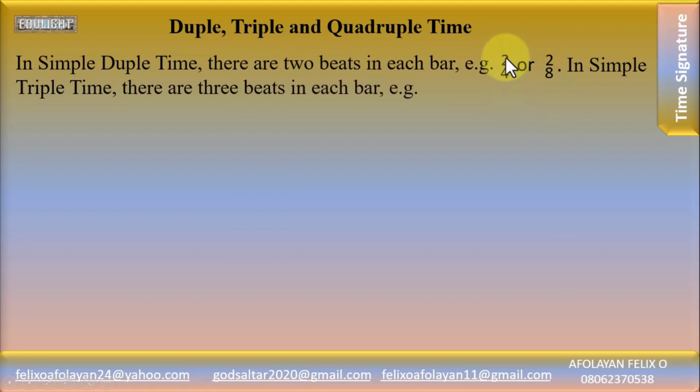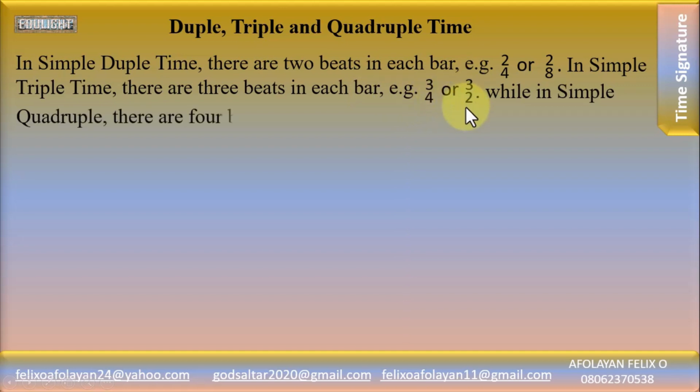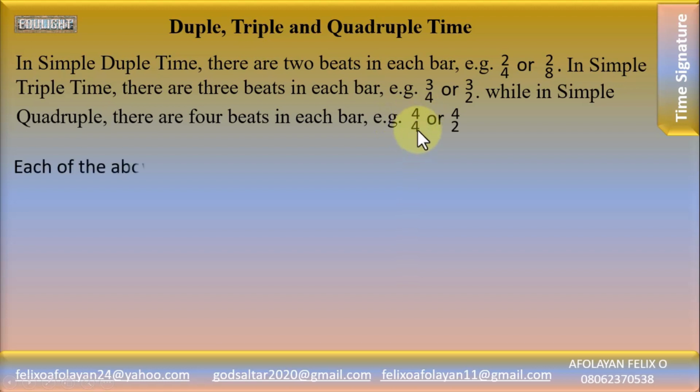As we can see here, 2 crotchet beats in a bar. In simple triple time, there are 3 beats in each bar. That is 3 crotchet beats in a bar, or 3 minim beats in a bar. While in simple quadruple, there are 4 beats in each bar. That is 4 crotchet beats in a bar, or 4 minim beats in a bar.